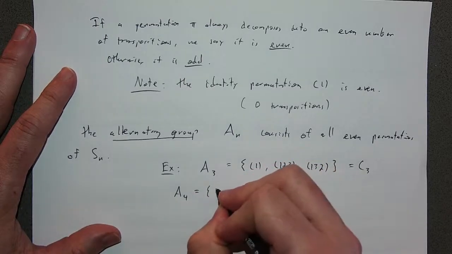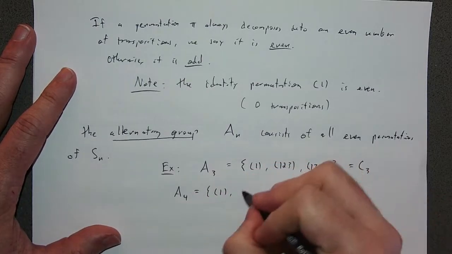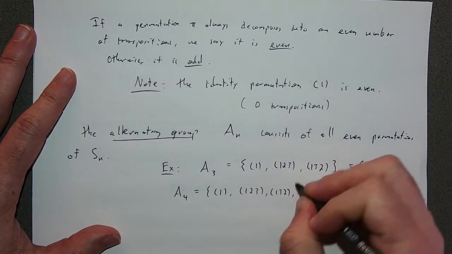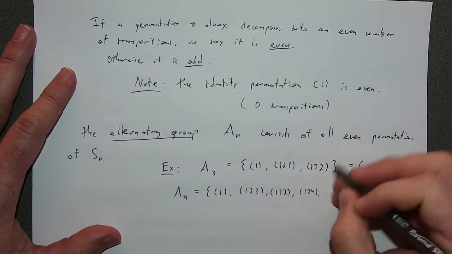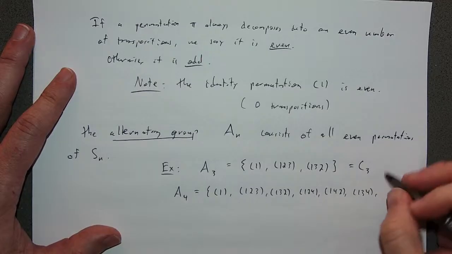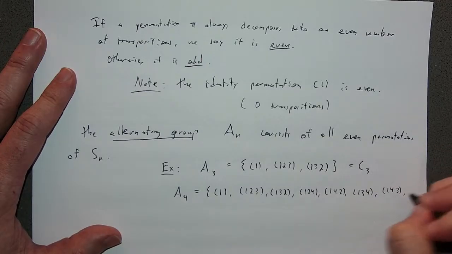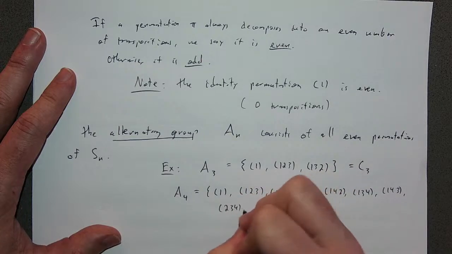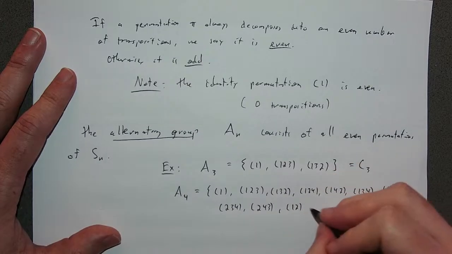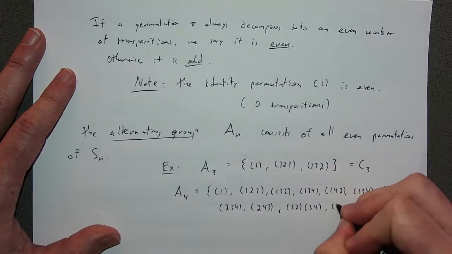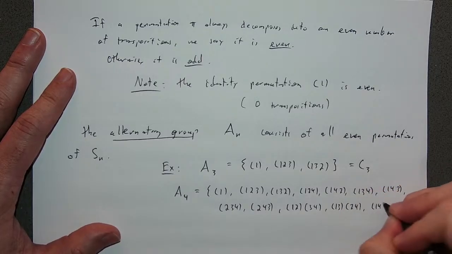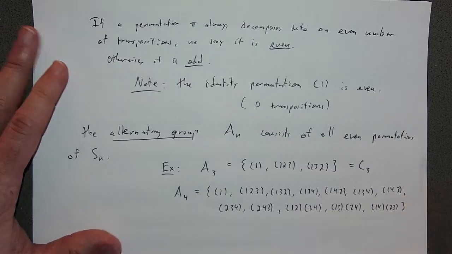So it consists of the identity, 1, 2, 3, 1, 3, 2, 1, 2, 4, 1, 4, 2, 1, 3, 4, 1, 4, 3, 2, 3, 4, 2, 4, 3, 1, 2, 3, 4, 1, 3, 2, 4, and 1, 4, 2, 3. in this way.